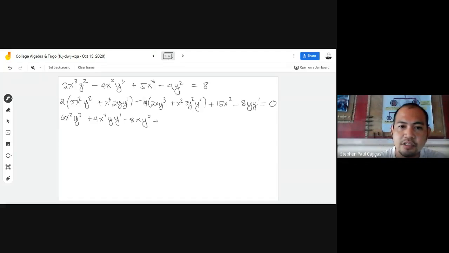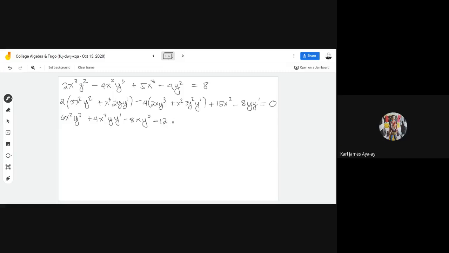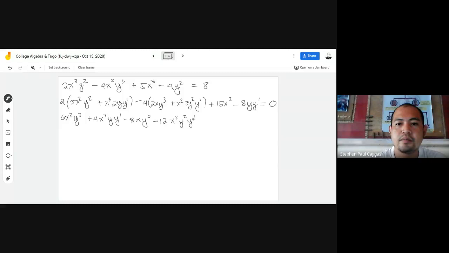Basta minus tas plus, magiging minus. Ito atong gin-multiply is minus 4. So minus 12 y squared x squared y prime.